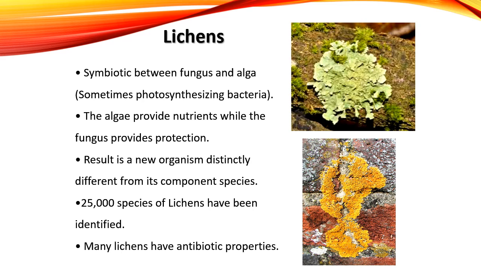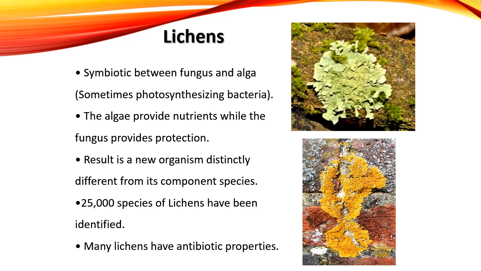The result of this combination is a new organism completely different from both constituent species. There are more than 25,000 species of lichens identified till now, and many lichens produce antibiotic constituents.